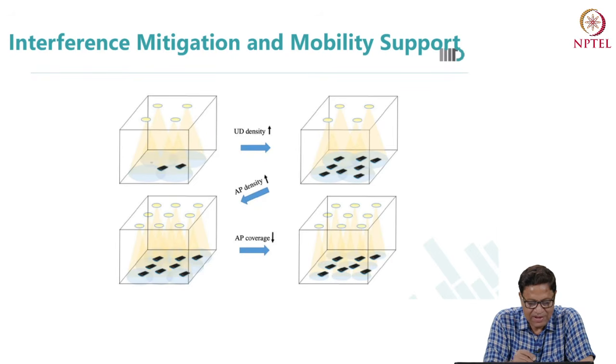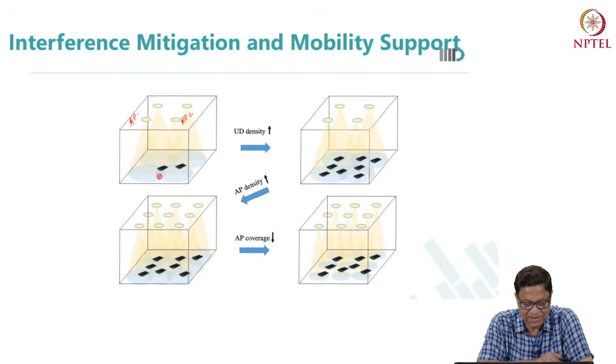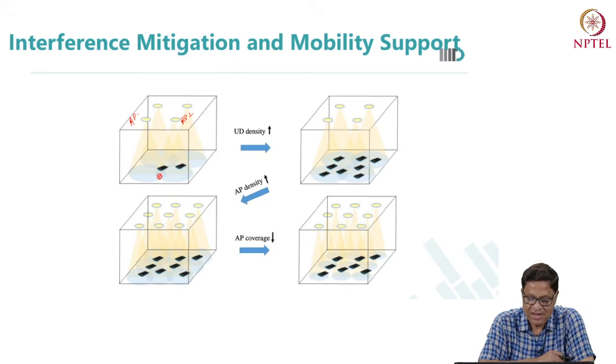So there may be interference, because if you see the light which is falling from one, this is access point 1, and say this is access point 2, there is some area where both the lights are falling at the same place. So there is some interference coming from other access points. One has to consider this while designing, and should have techniques for mitigating such interference.